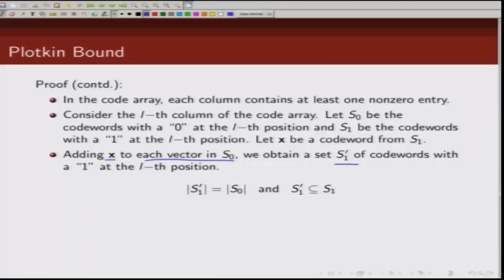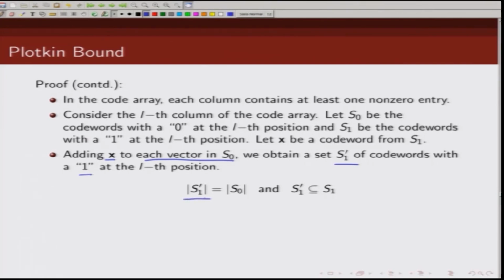Why? Because X has 1 at the lth location and the set S0 has 0 at the lth location. So, we will get a new set of code words, let us call it S1 prime, which will have 1 at the lth location.